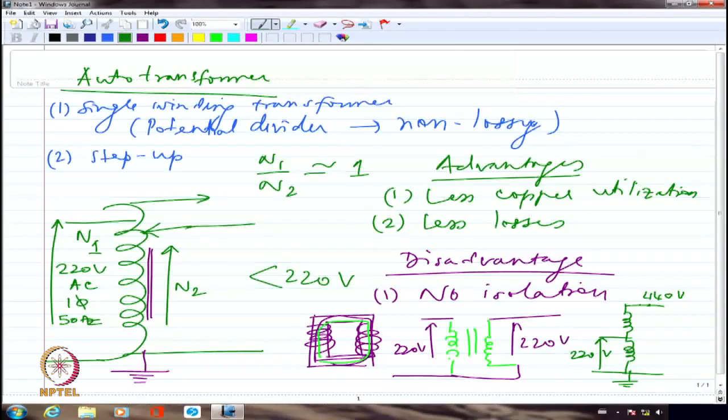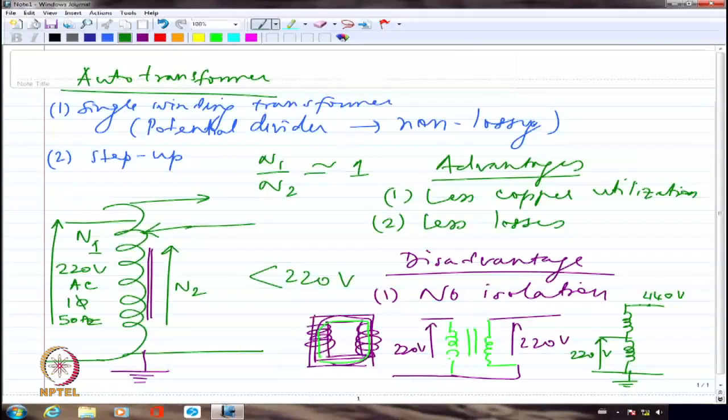So I have to necessarily design the secondary if I know a priori that I am going to use this as an auto transformer. Then I should design the insulation of the secondary in such a way that it would be able to withstand 440 volts. Although originally when I conceived and I made the transformer, I was thinking it is going to be 220 volts. So unless I strengthen the insulation of the winding which is actually connected in series and away from the ground.